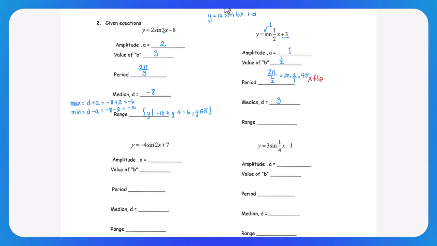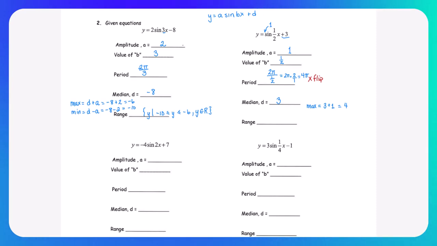There we go. And now we need to find the range again, but that means we need to know the max and the min. I'll try not to get tongue-tied this time. So the max equals the d value, which is 3, plus the amplitude, or the a value, which is 1. And that equals 4.